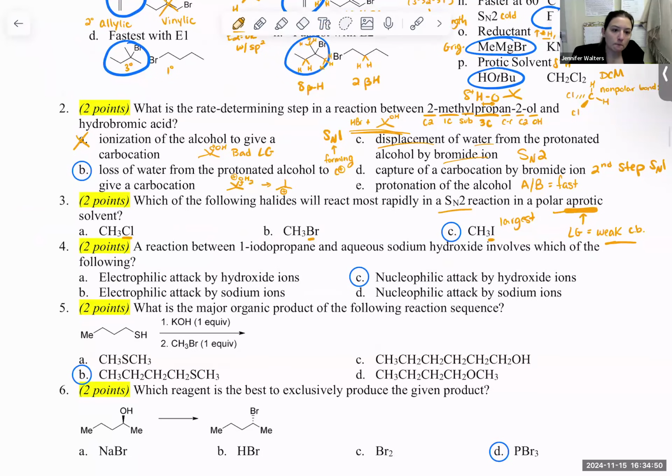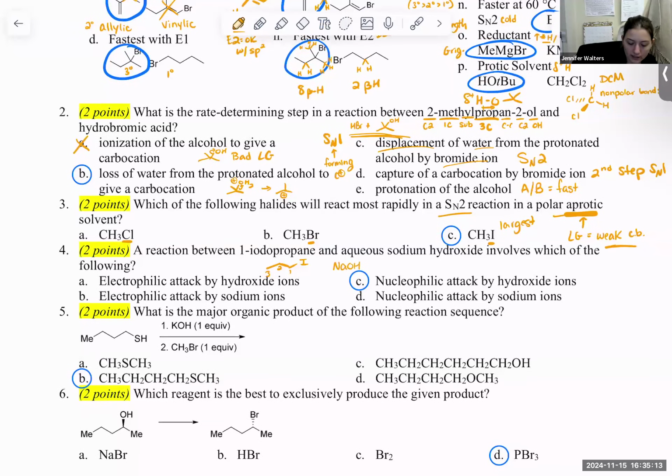Right, number 4. This was directly out of one of the quizzes. A reaction between 1-iodopropane and aqueous sodium hydroxide. So again, we need our structures. I have an iodine on carbon 1 of a 3-carbon chain, and sodium hydroxide, NaOH. Aqueous means in water.